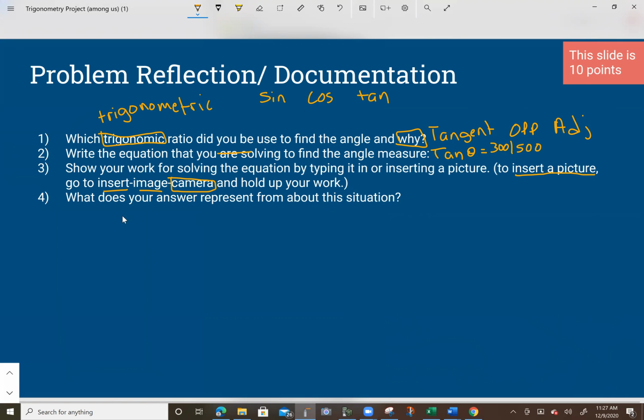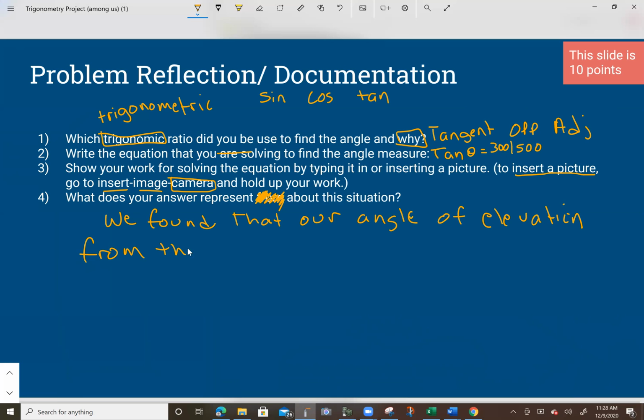And question 4, what does your answer represent about this situation? What does your answer represent about this situation? Well, what did we find? We found that our angle of elevation from the ground to the top of the landmark.